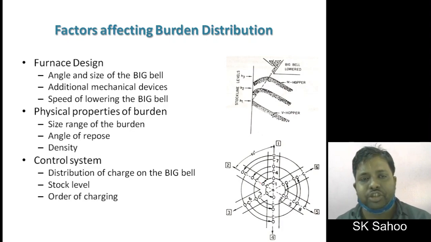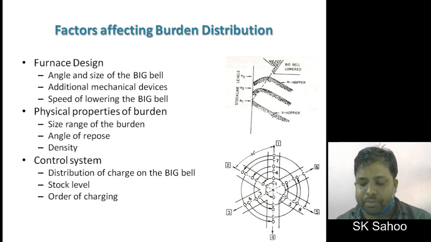The blast furnace doesn't allow much fines because it is operated at high pressure. The permeability decreases with increase in size range and percentage of fines. Top size of iron ore should be as low as possible because the rate of reduction of iron ore decreases drastically, perhaps exponentially, with increasing size.